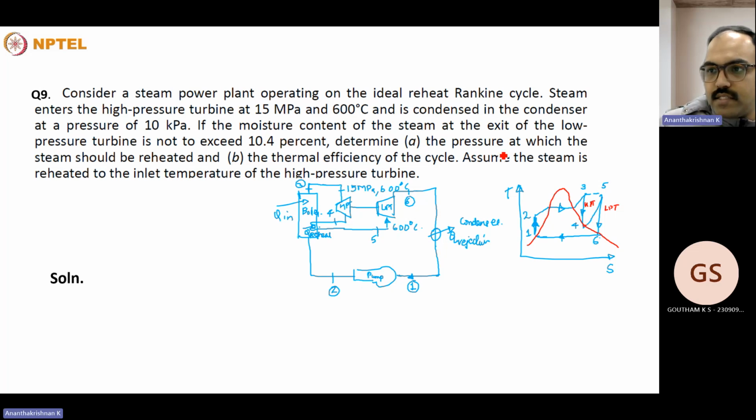So the higher temperature will be 600 degrees Celsius. The higher pressure will be 15 megapascal. The lower pressure will be 10 kilopascal. These are given.